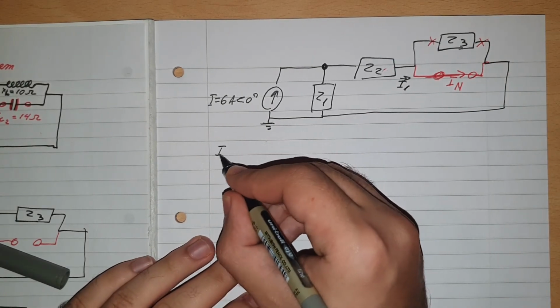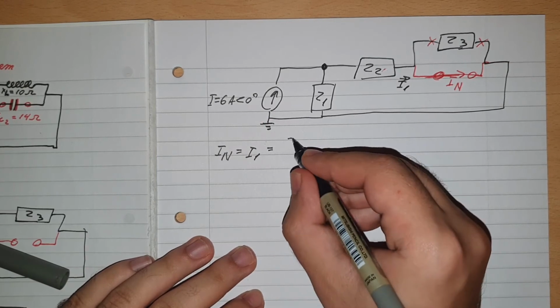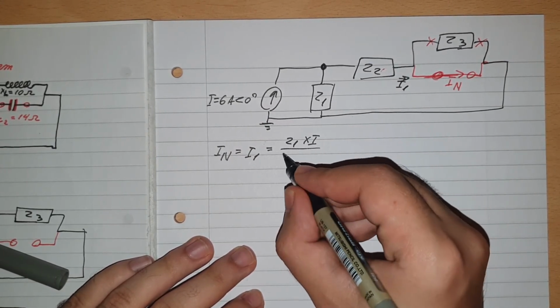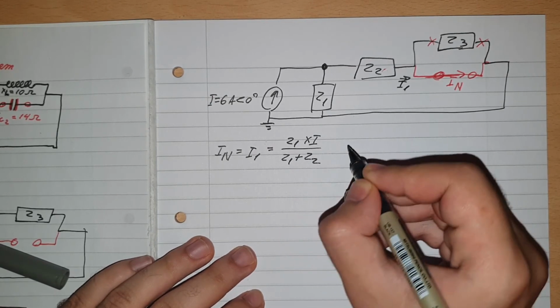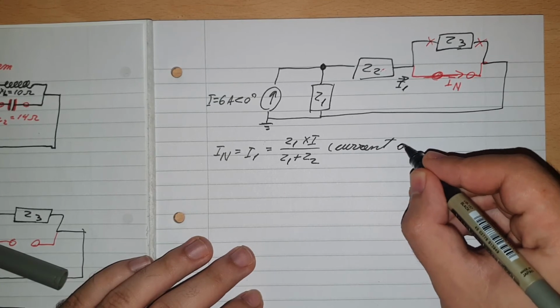So then IN will be equal to I1, and that is equal to Z1, this value here, multiplied by I, divided by Z1 plus Z2, current divider rule.